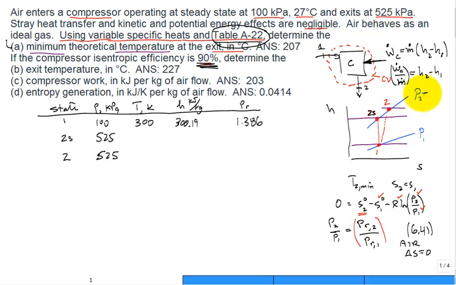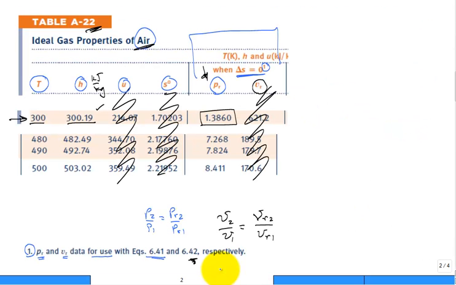You're going to be at the 525 kPa line for both state 2s as well as 2. All right. Because we know the two pressures, 525 and then 100, we're able to get P sub R1. We can solve for P sub R2.